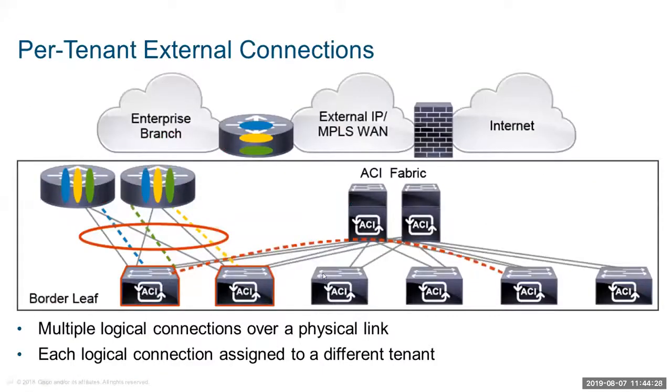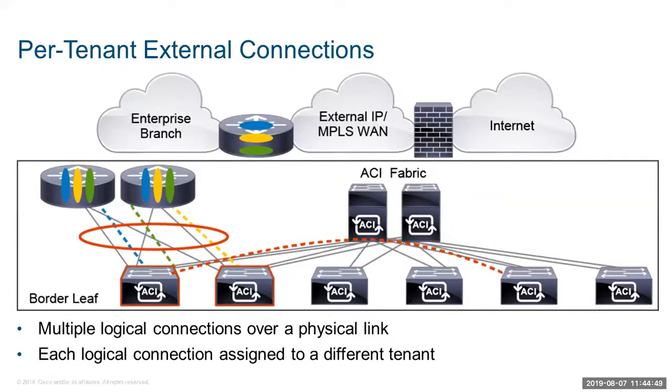Now, I don't know if this is a good diagram. Okay, if you have multiple tenants, you have many approaches to identify each tenant over the same physical interface. That means you want routing updates for tenants to be exchanged over the same physical interface.